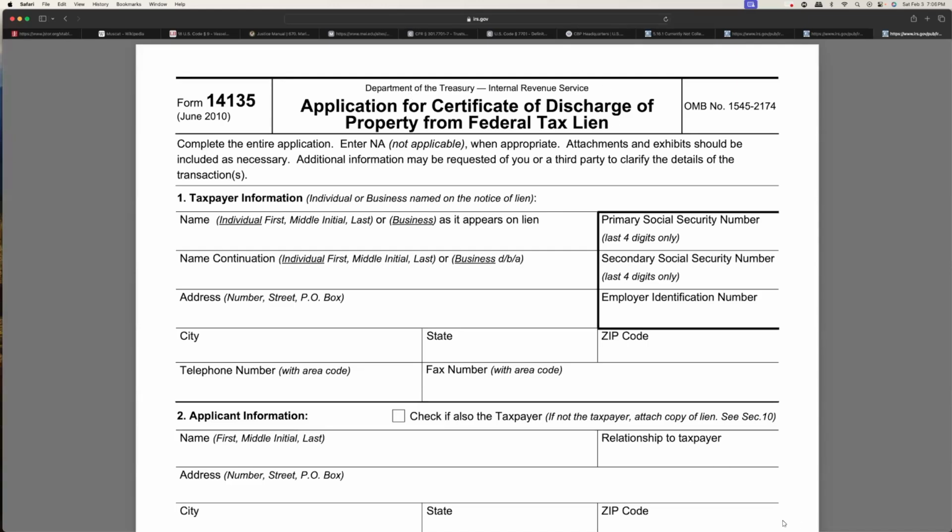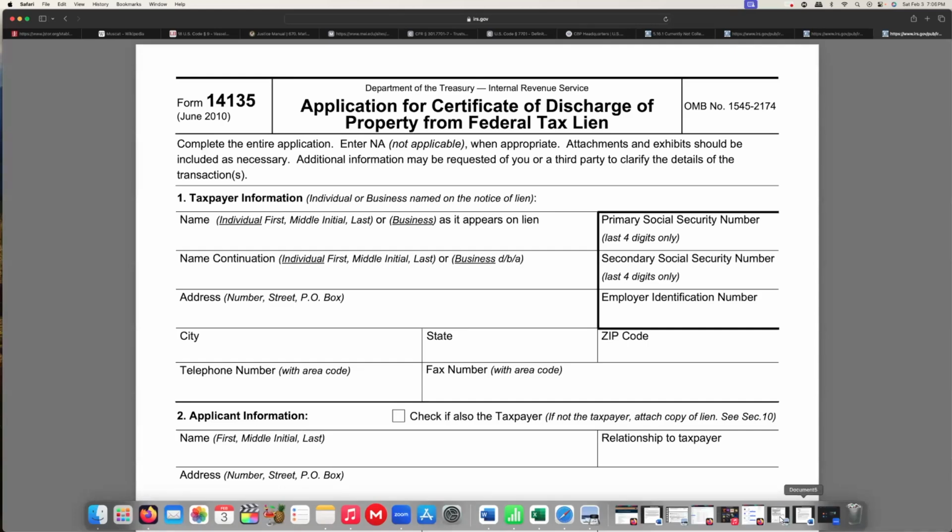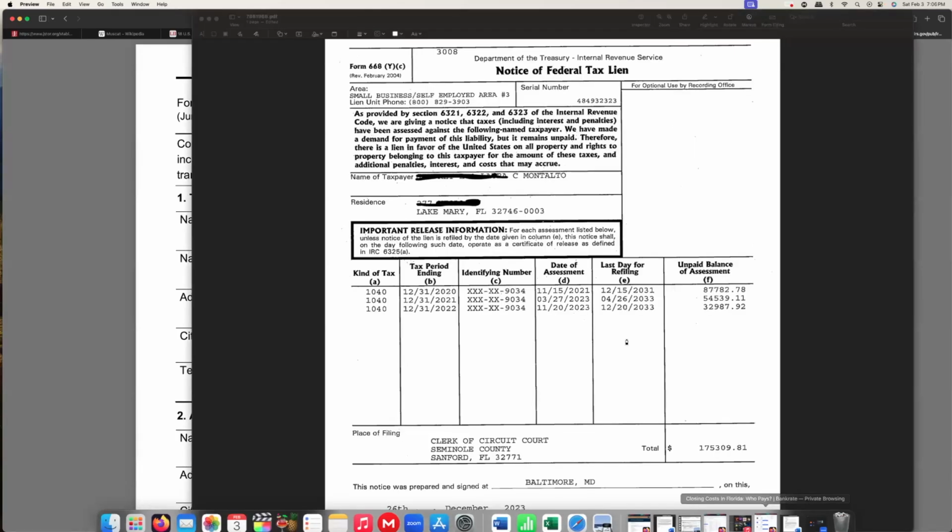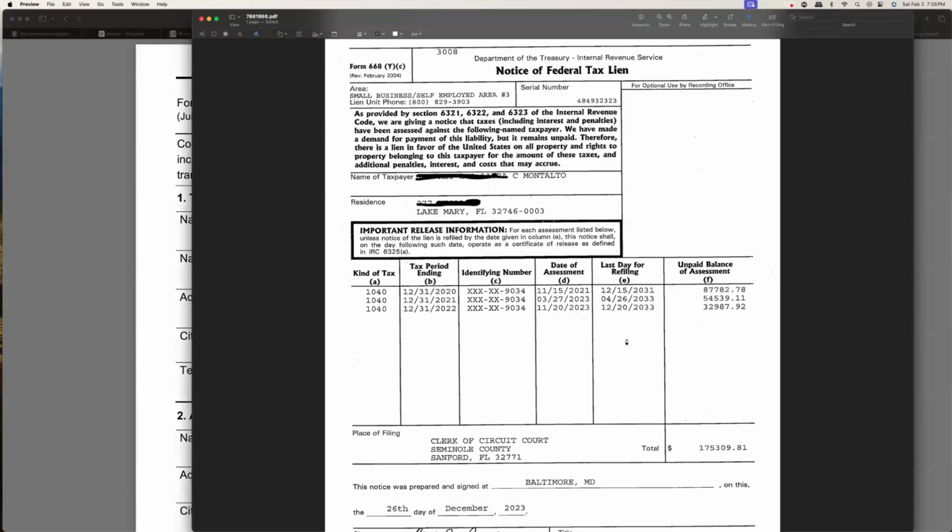Okay. For example, I have a potential client. This is what they have going on here. Mr. and Mrs. Montalto, right? They've got taxes that are up there. It's $175,309.81.